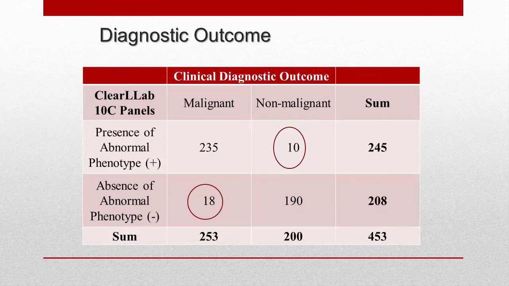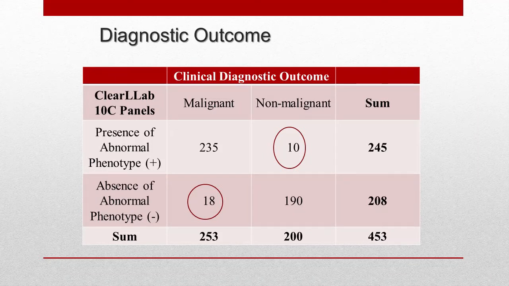And when you strictly take that, which is a whole panel of things, and compare that to just the ClearLab by itself, in the absence of any clinical data, you get pretty good results that show that the ClearLab itself can detect a malignant versus non-malignant sample, showing that the presence or absence of a malignant population can be found with the ClearLab 10 color panels just solely by itself, which is very good performance.